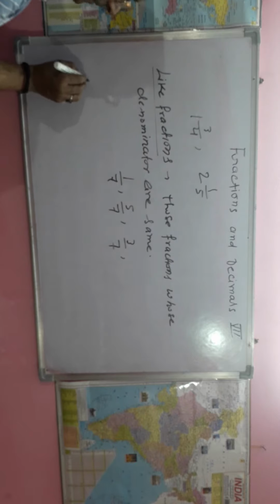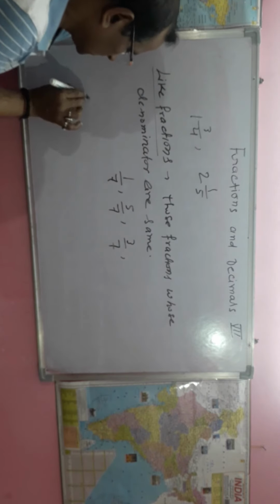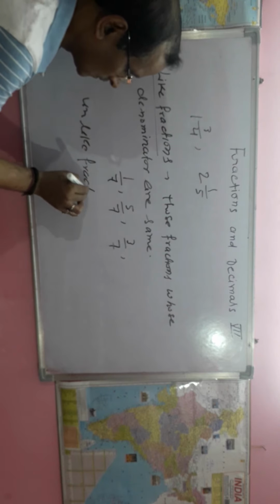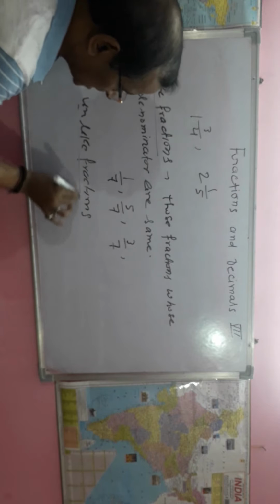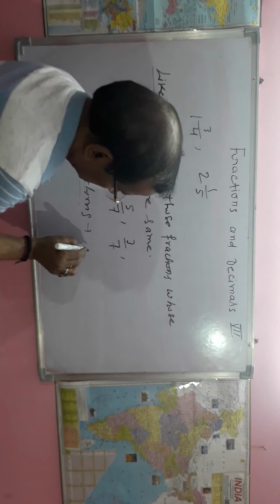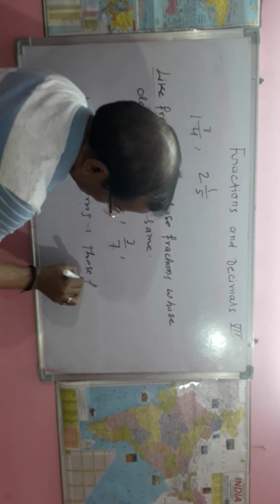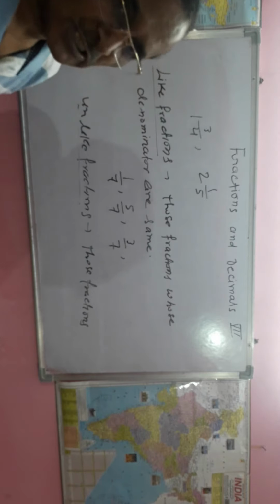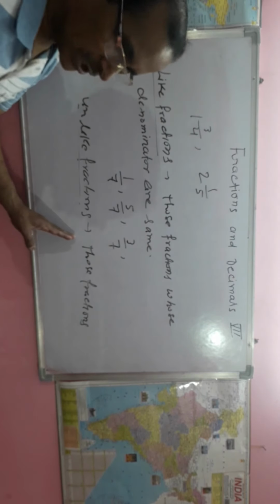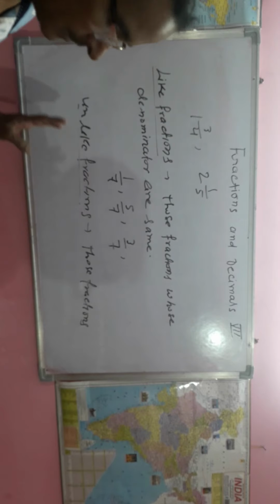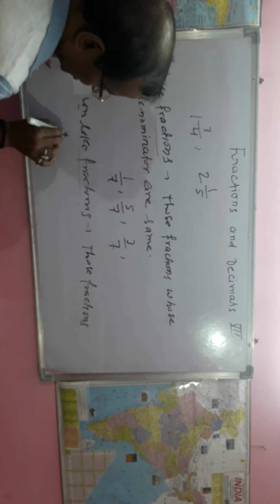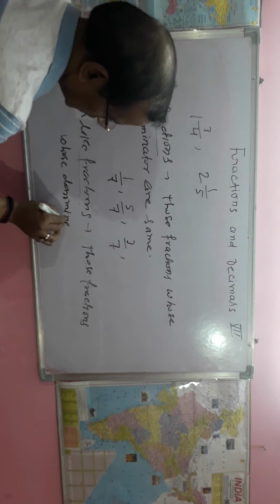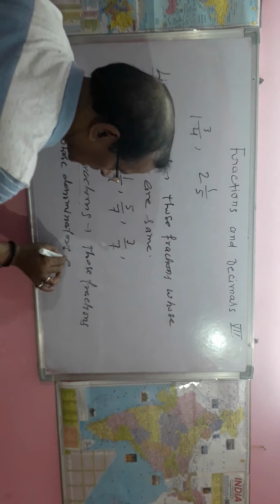Now we come to unlike fractions. Unlike fractions are those fractions whose denominators are not the same, whose denominators are different.